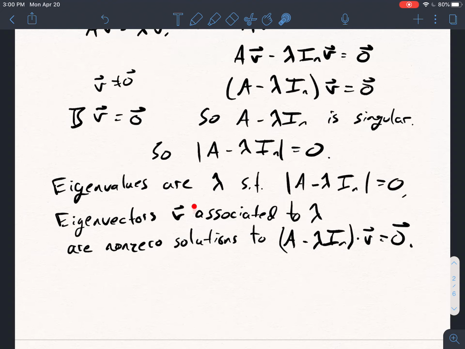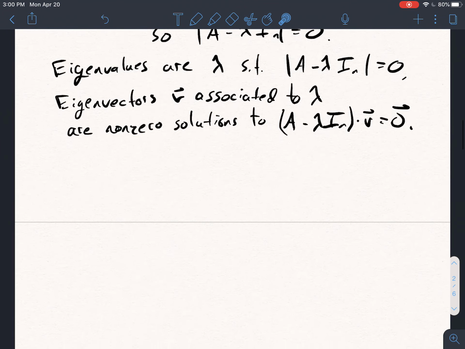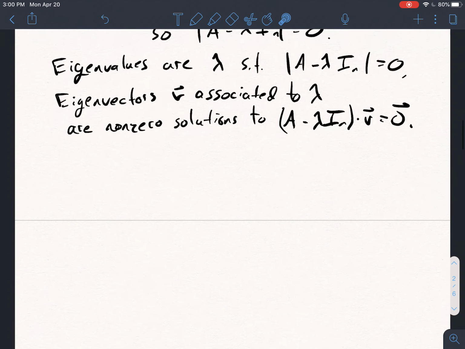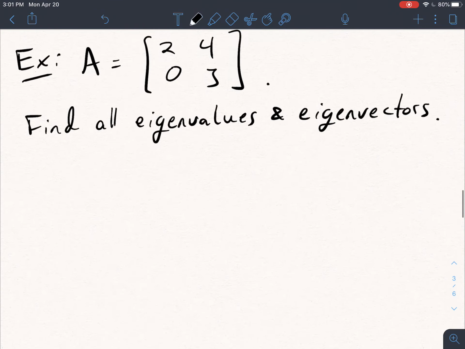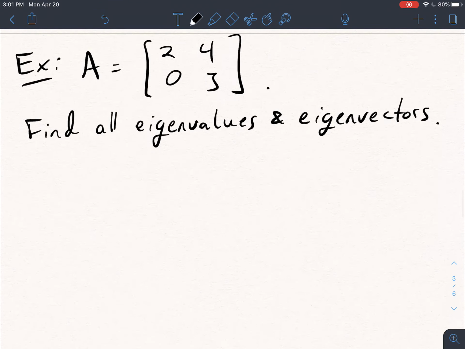And then once we get our possible solutions to this equation, we find our eigenvectors associated to each of the eigenvalues by finding any non-zero solutions to this equation here, which is a matrix equation or a vector equation, whatever you want to call it. Okay. So that's our general process.